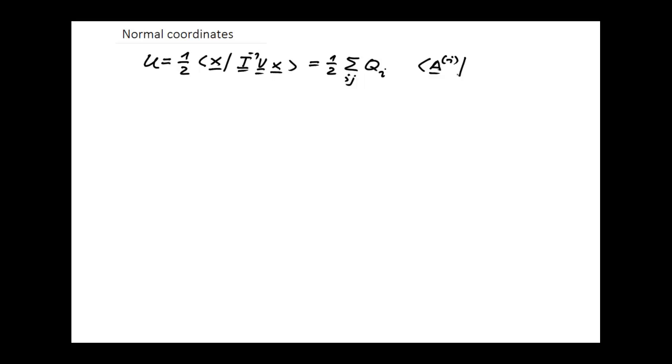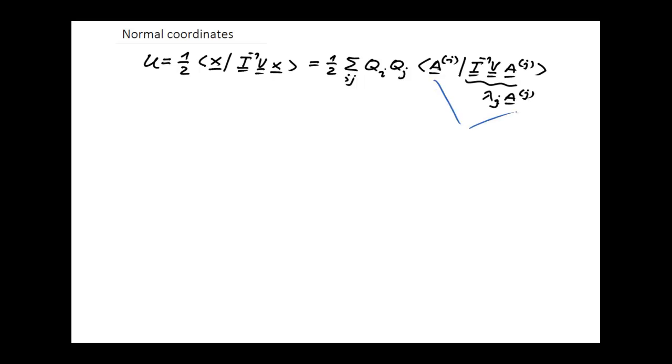Here in the left argument, and the second x we also expand, and then we get a qj and an aj. Since aj is an eigenvector, this is simply lambda j, aj.